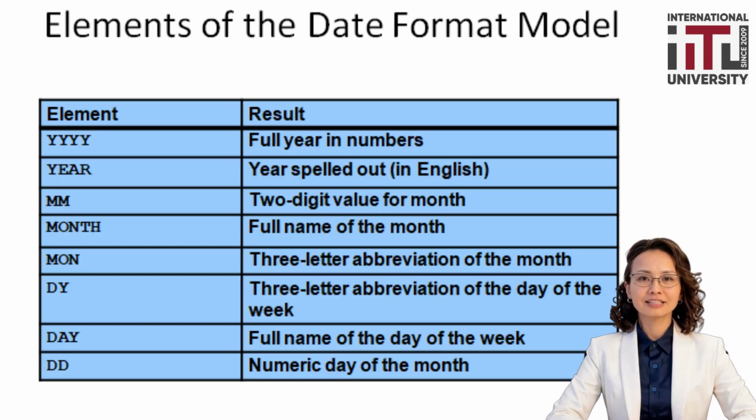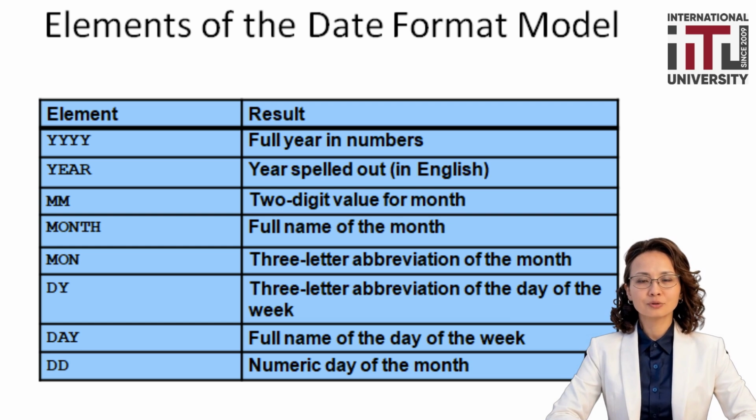This slide presents the main elements used in date format models for the ToChar function in Oracle. These elements define how a date will be displayed as a string. YYYY displays the full year in numeric form. YEAR displays the year written in words in English. MM shows the month as a two-digit number. MONTH displays the full name of the month.